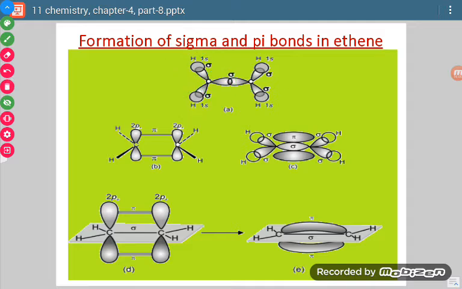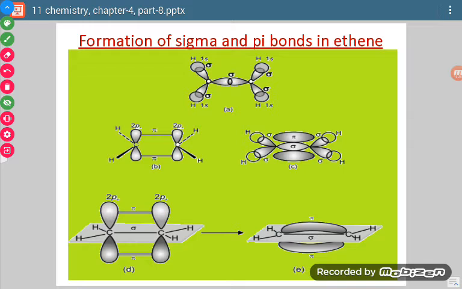So how many total bonds are forming? This one is from one carbon, this is from the other carbon, and they form a sigma bond. Here the bond is formed between an sp2 hybridized carbon orbital and the s orbital of hydrogen. This is the second, this is third, and this is fourth.